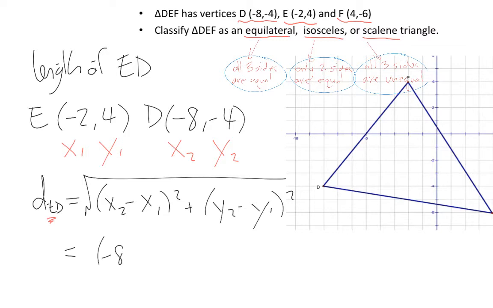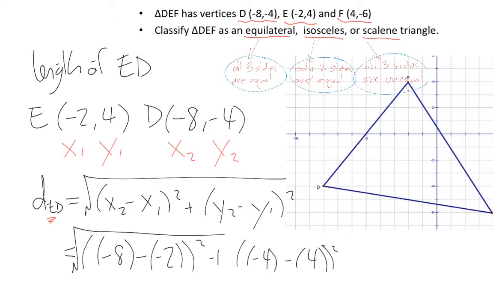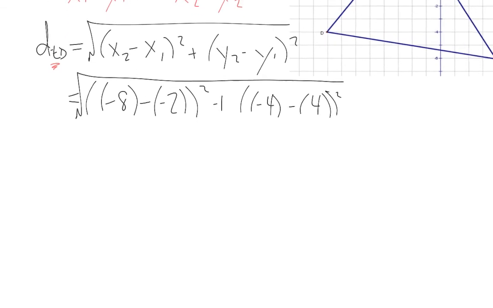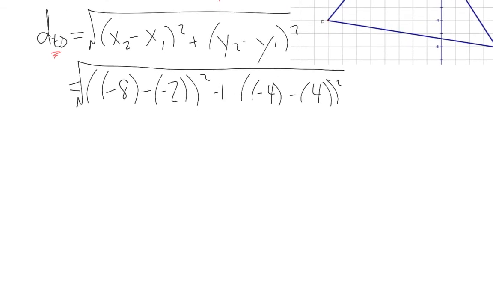You don't have to do the same, but that's just a habit I've learned. At this point, we want to clean up some of our brackets and some of our signs. So let's go ahead and do that.